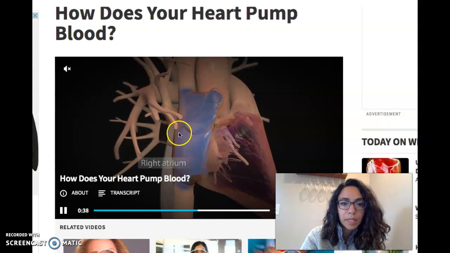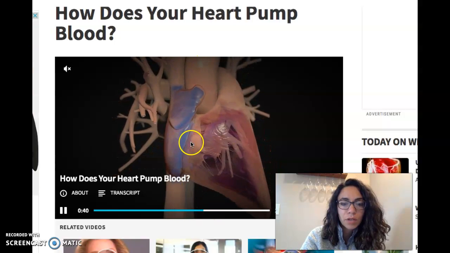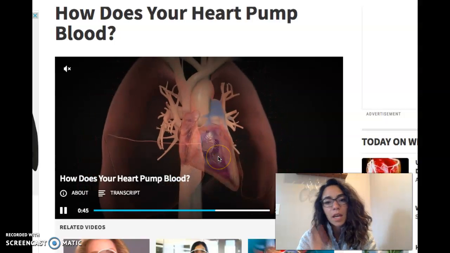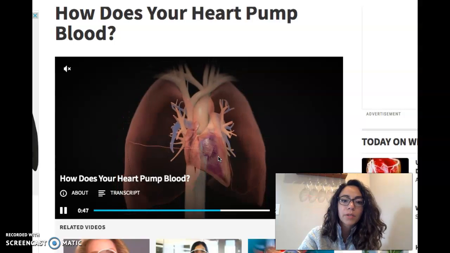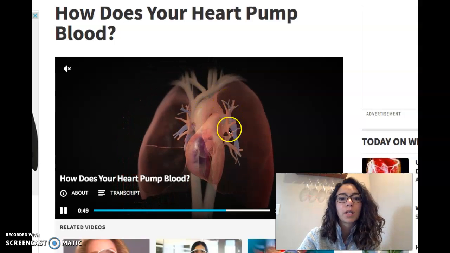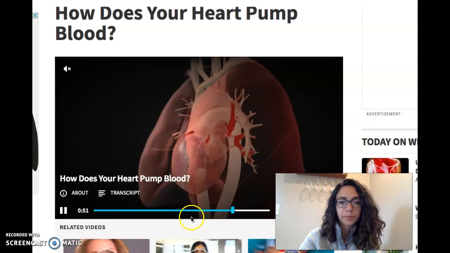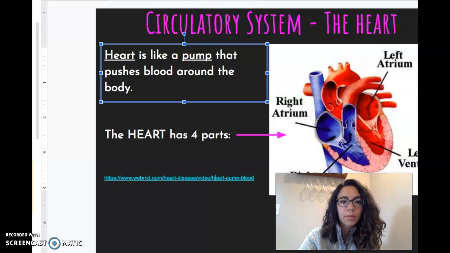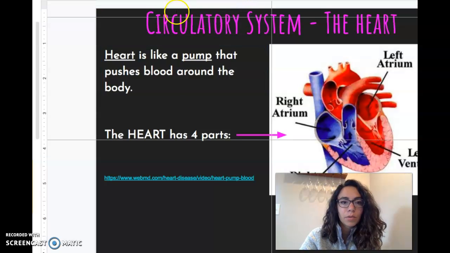You can see the blood inside comes into the atria first, and then the blood pumps into the ventricles, and the ventricles are really strong muscles that can push that blood all around the body. Okay. So that is the heart.